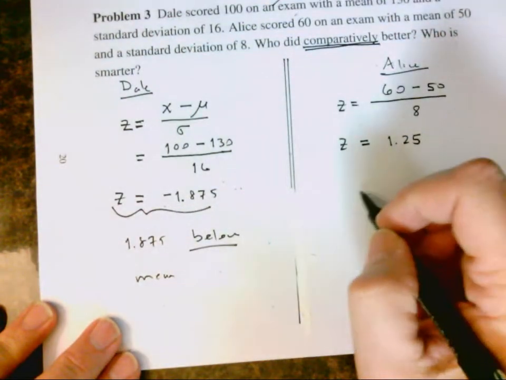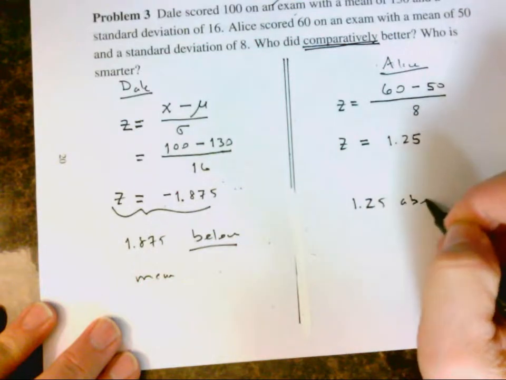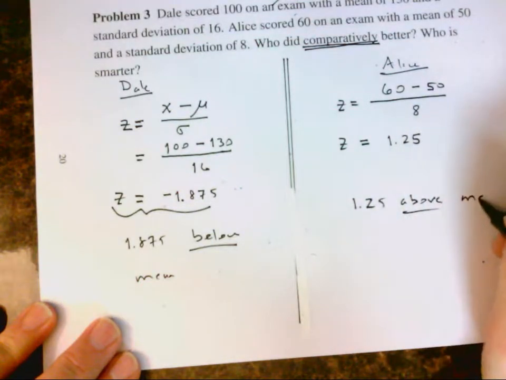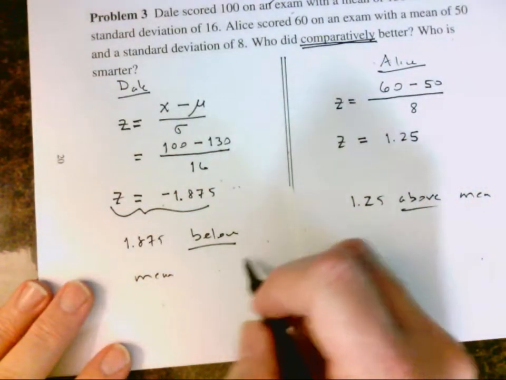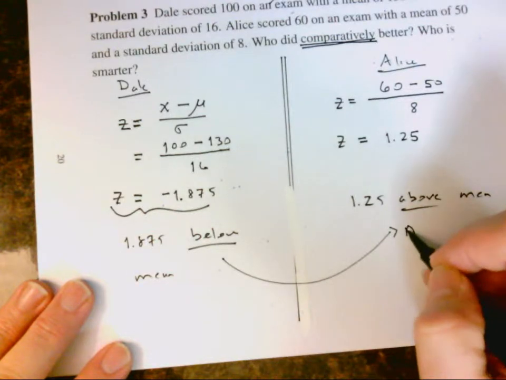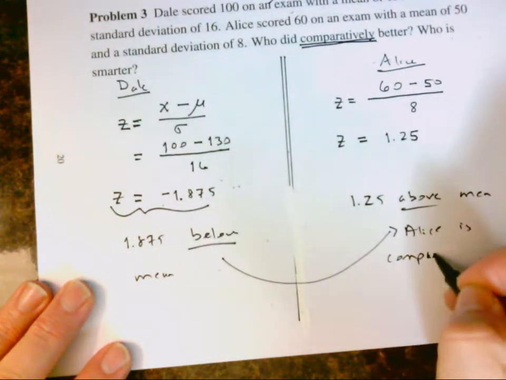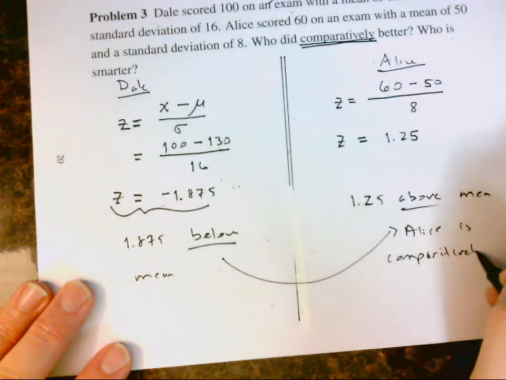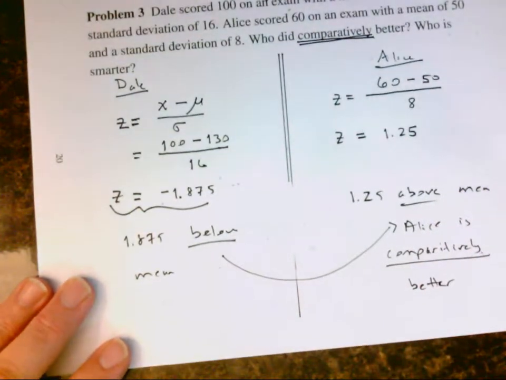Comparatively, that's worse than 1.25 above the mean. So Alice is comparatively better. Her score is comparatively better.